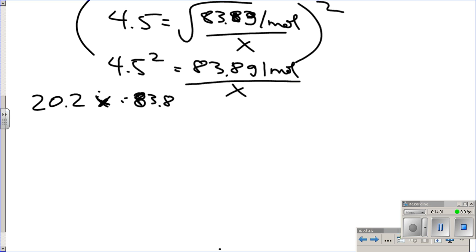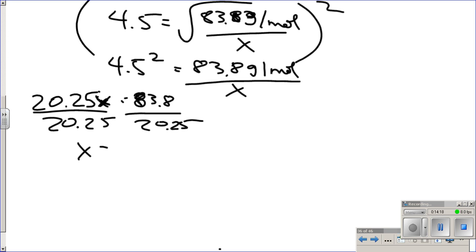Okay, that's right. I'll just do it myself, just checking. 20.25, okay. So there's our 4.5 squared. So you're just going to divide by 20.25 on both sides. So X is equal to 83.8 divided by 20.25.